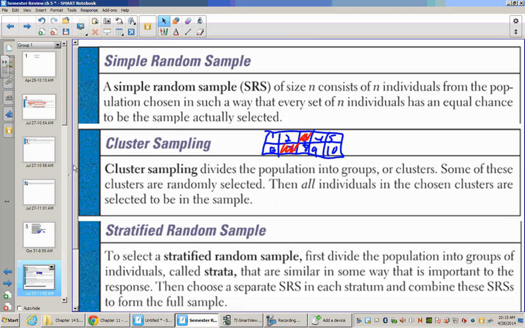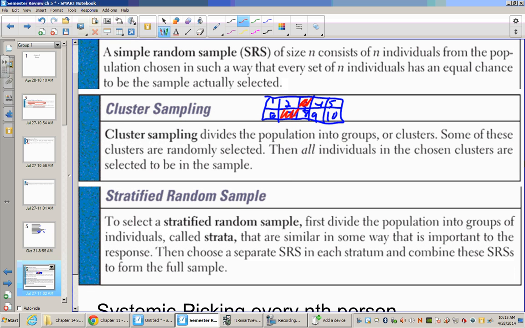Now, a stratified sample is if you put people into groups called strata, and you do that in the beginning. So there's 1, 2, 3, 4, say groups. Maybe it's age, maybe it's grade level, and then within each of these, you do an SRS. And then you compare the results. This would be a stratified sample.